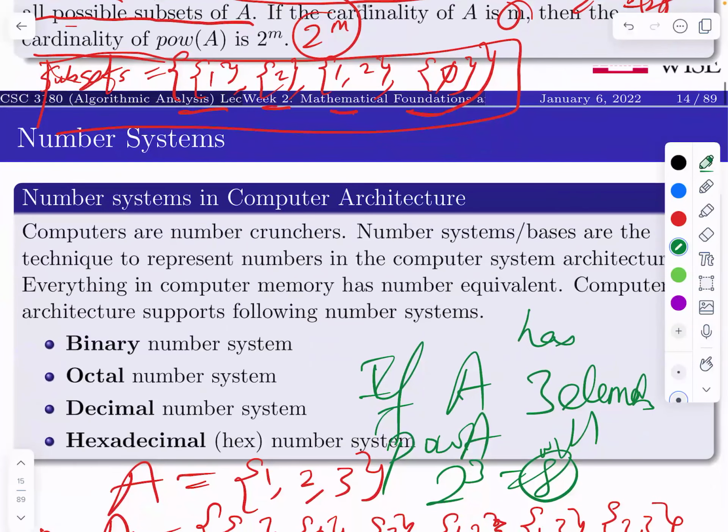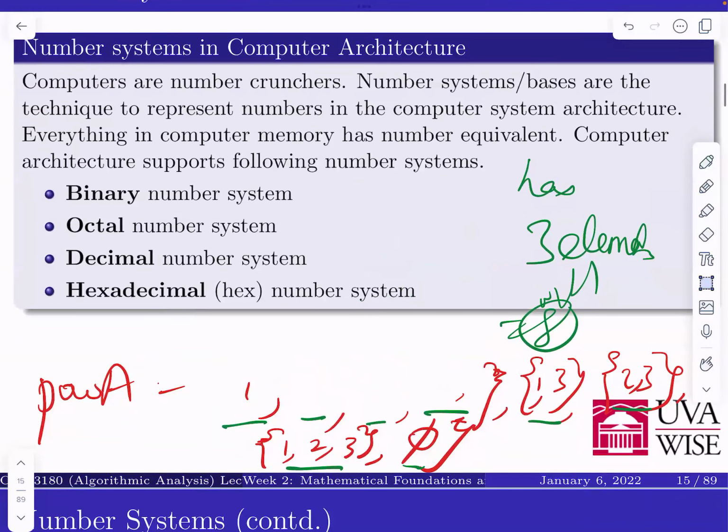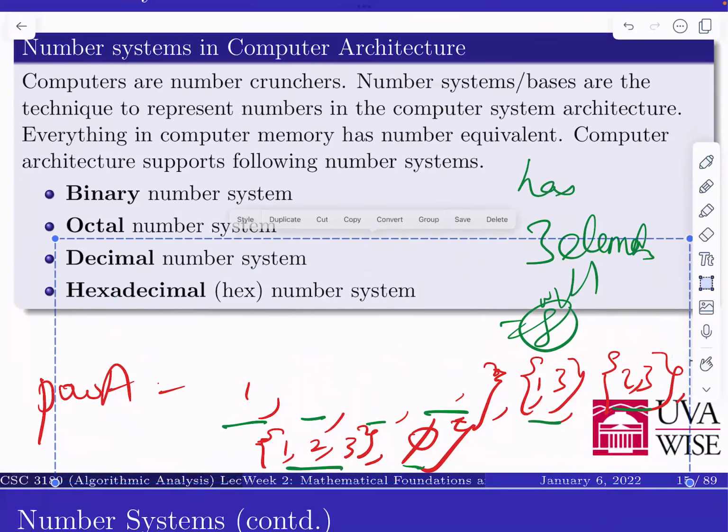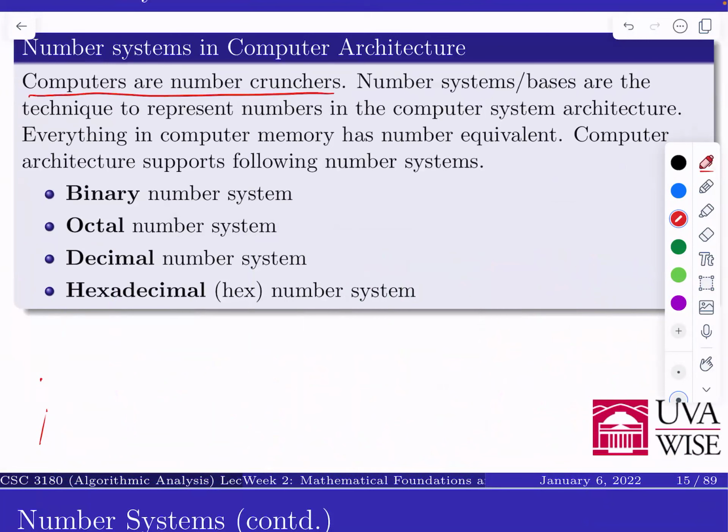Okay, so then I move to number bases. You remember computers and number crunchers? You all know that. The number systems are the technique to represent numbers in the computers.